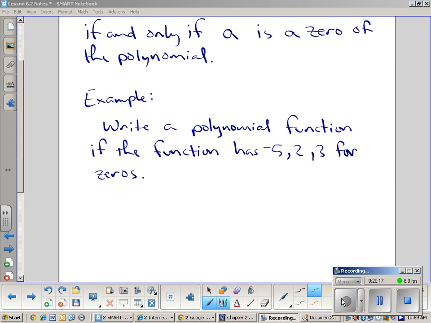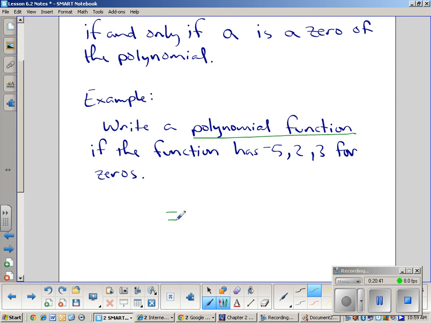So in this example, they want us to write a polynomial function. You can think of it, it doesn't mean exactly the same thing, but you can think of it as a polynomial equation, which means we have an equal sign in it. And typically when we talk about functions, we think of f of x. On our calculator, it doesn't say y equals when we type in the equation, right?